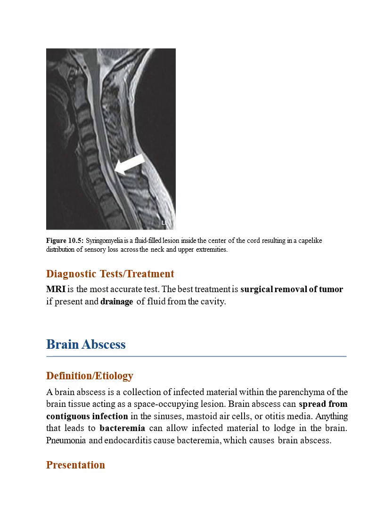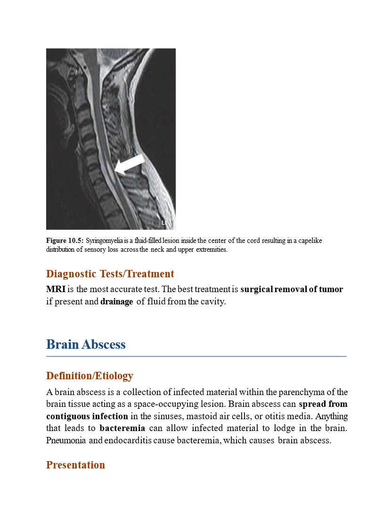Next topic will be a brain abscess. By definition, a brain abscess is a collection of infected material within the parenchyma of the brain tissue acting as a space-occupying lesion.